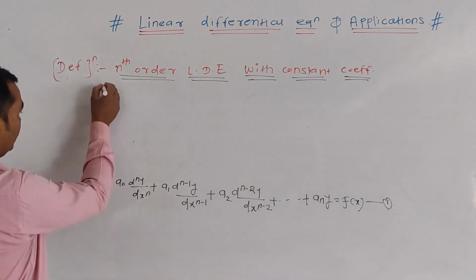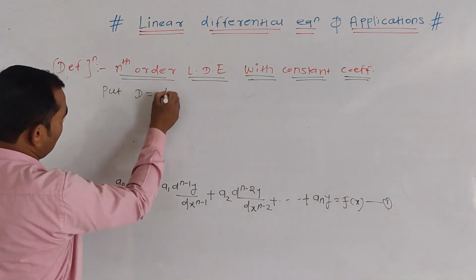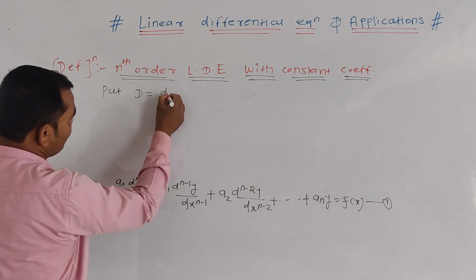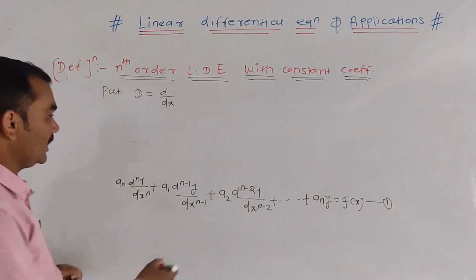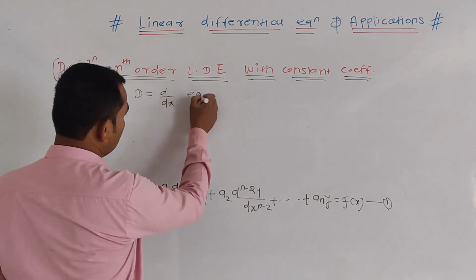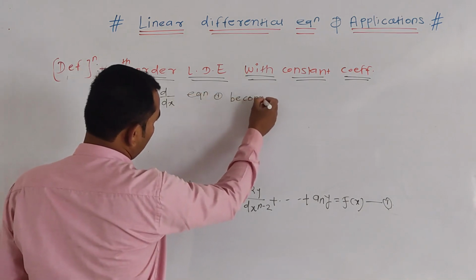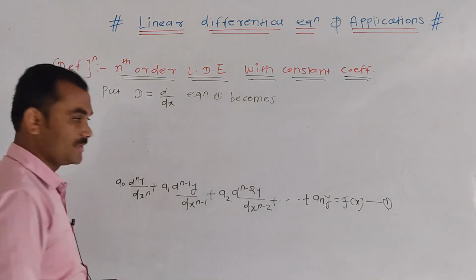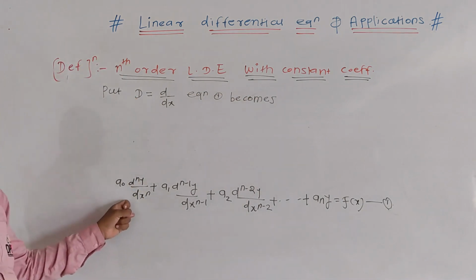Okay, put capital D is equal to d by dx, and this capital D is called the differentiable operator. Okay, put D is equal to d by dx. So what will equation 1 become when we put capital D is equal to d by dx in equation first?